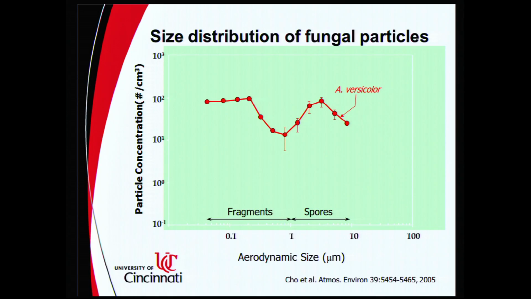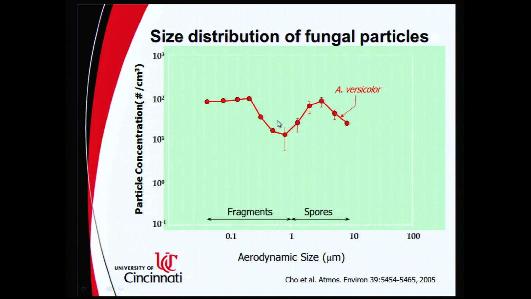And then size distribution. This one was an experiment where we looked at the release of fungal particles from moldy surfaces. We were initially targeting the spore size range, and you can see Aspergillus versicolor, a very nice peak for spores. On the y-axis is concentration and on the x-axis size, so 2 micrometers was the peak for Aspergillus versicolor.